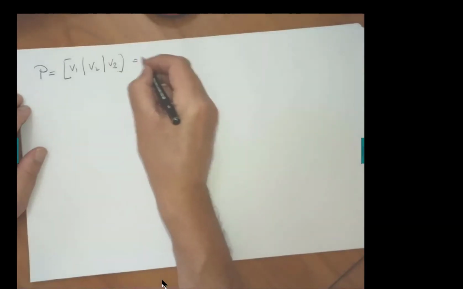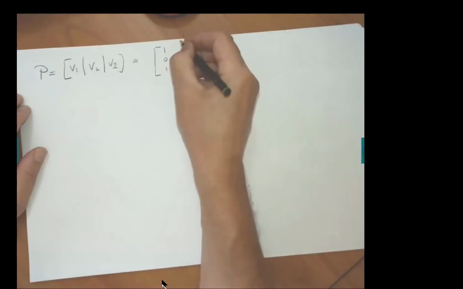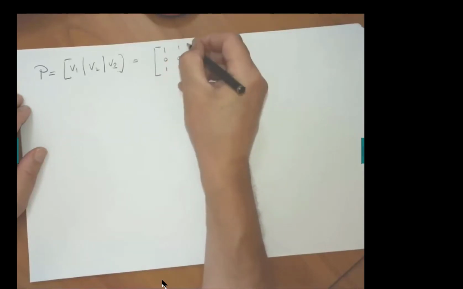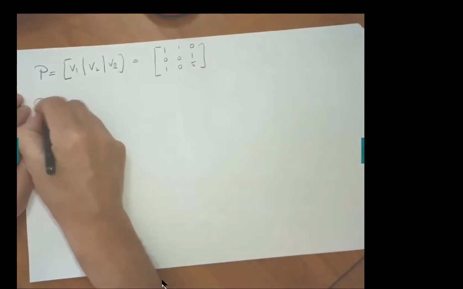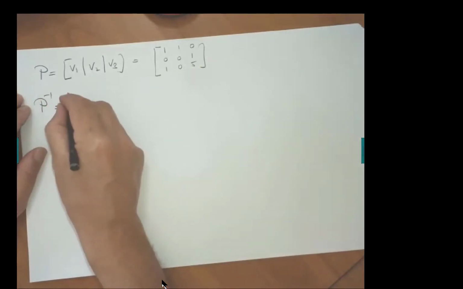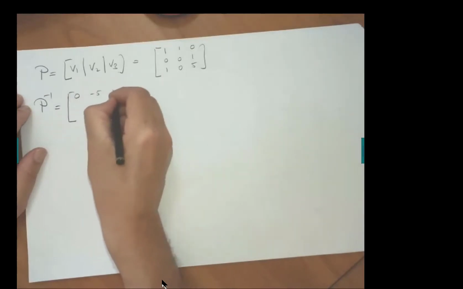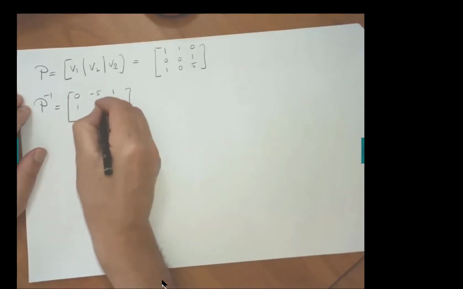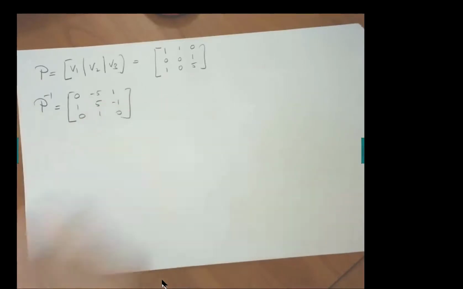And so this is the matrix 1, 0, 1, 1, 0, 0, 0, 1, 5. Then you can calculate P inverse, which if you do this, you get this matrix. And now the big question is, what about if we multiply this and this with our matrix A?